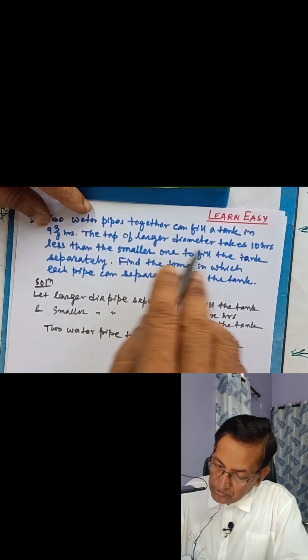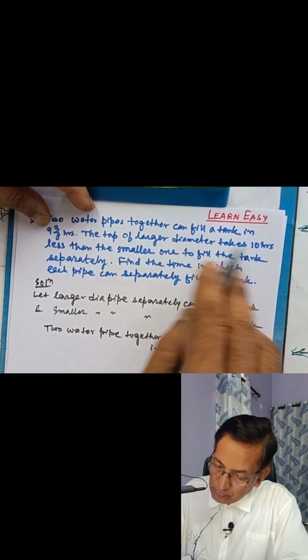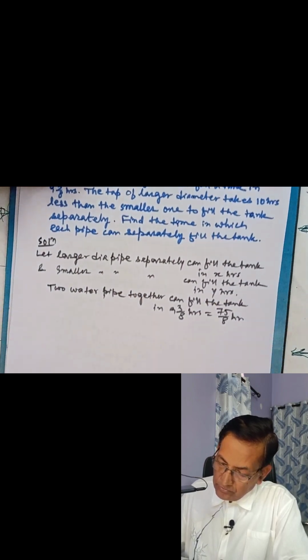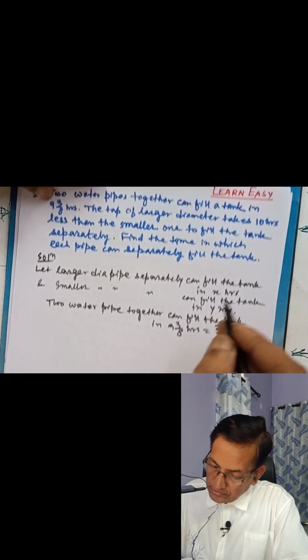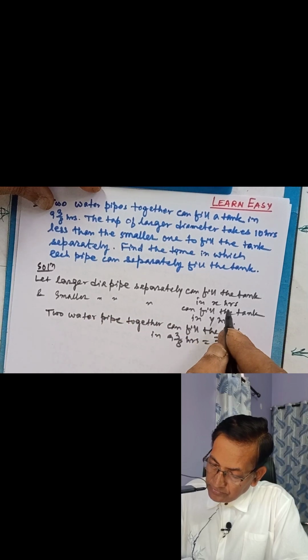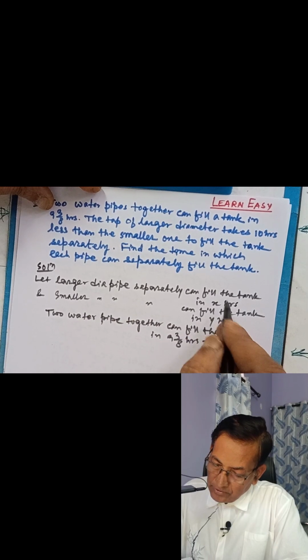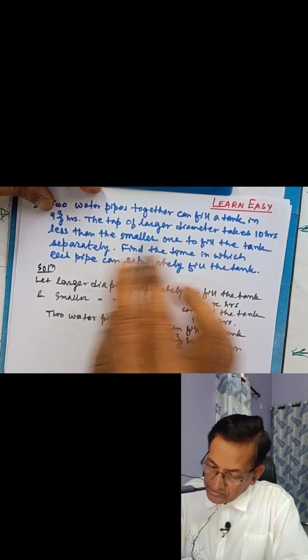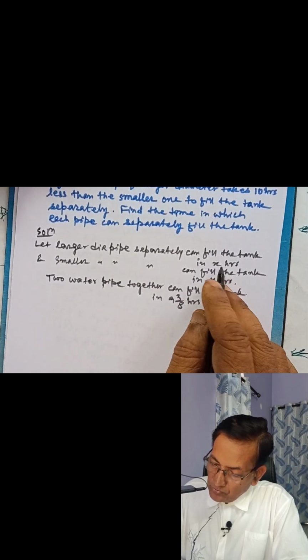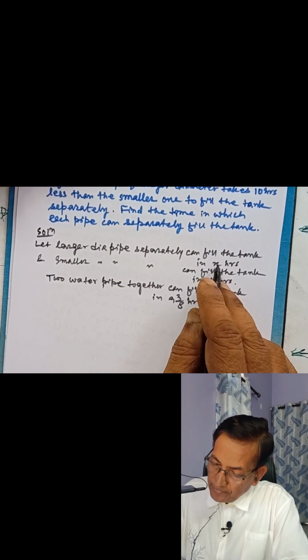The tap of larger diameter takes 10 hours less than the smaller one to fill the tank. So the larger diameter takes x hours, 10 hours less, so y minus x is 10.